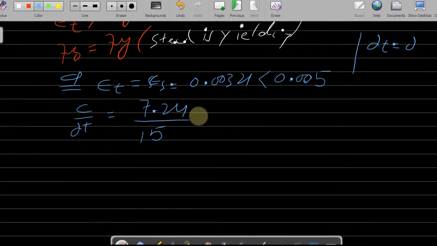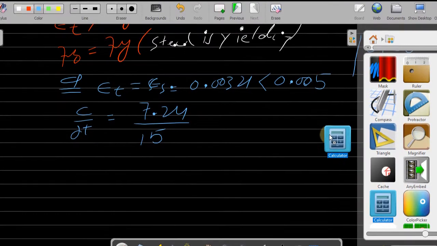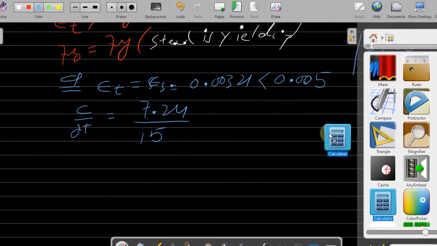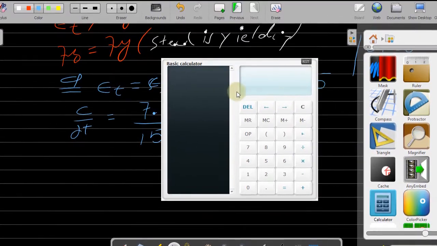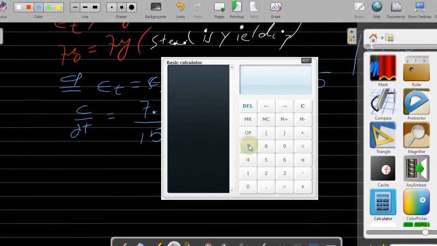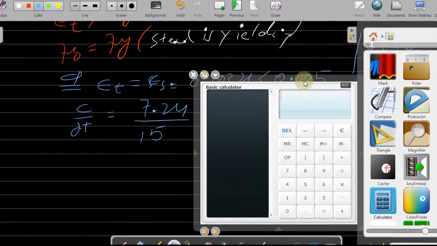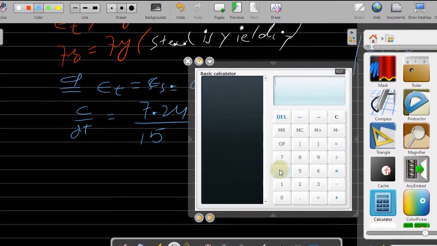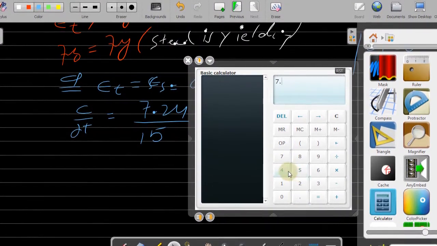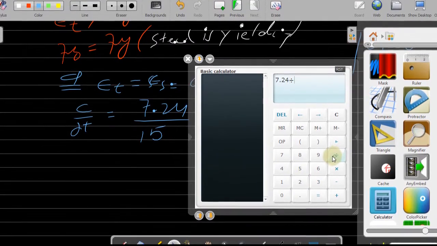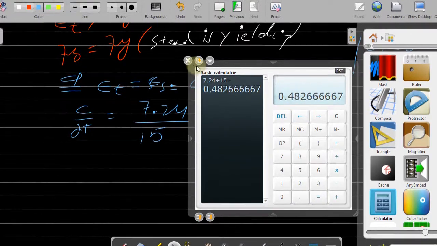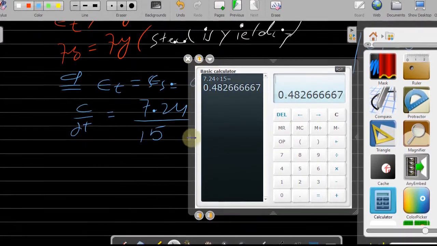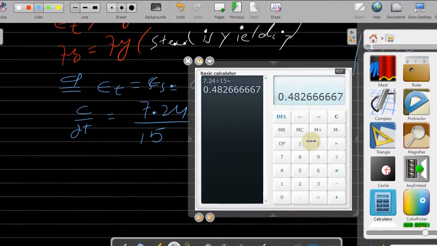Let me divide this. 7.24 divided by 15 inches, we see 0.48. 0.48 is the value.